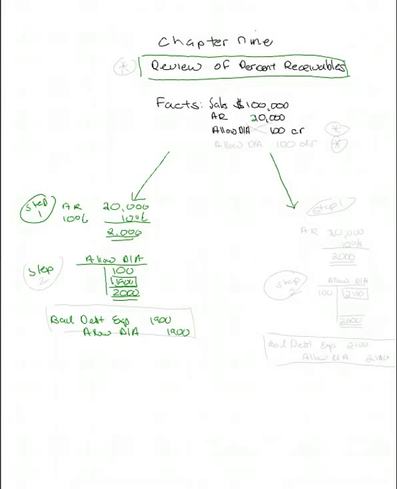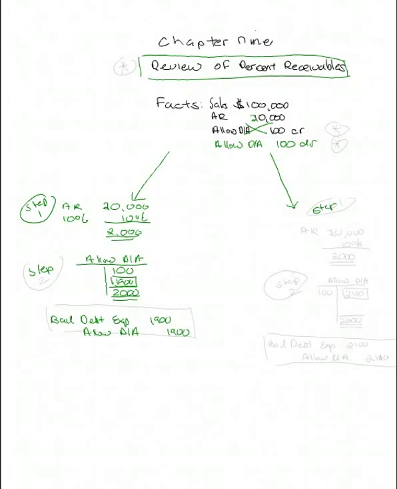In this approach, let's say the allowance for doubtful accounts was not a $100 credit balance, but in fact a $100 debit balance. Would that affect our journal entry? The answer is yes.